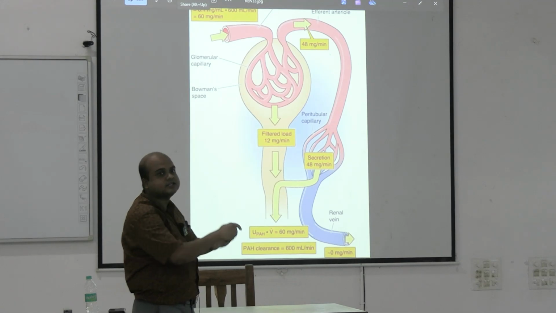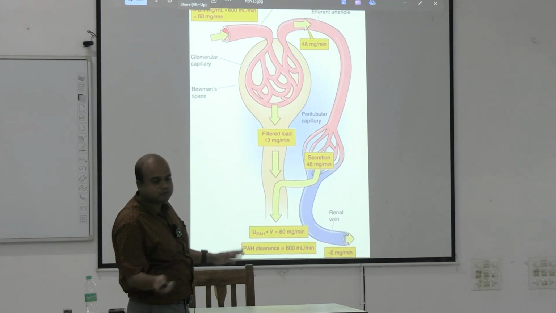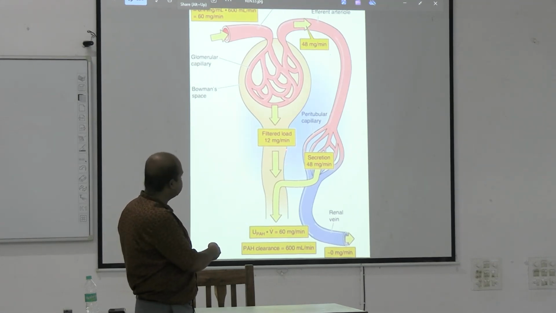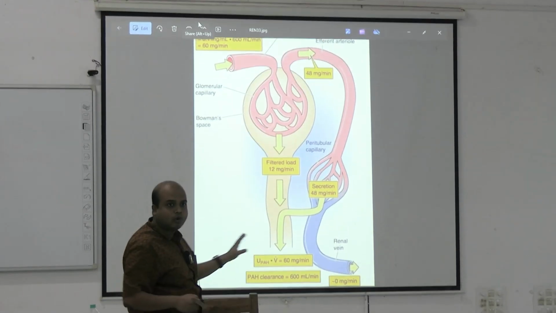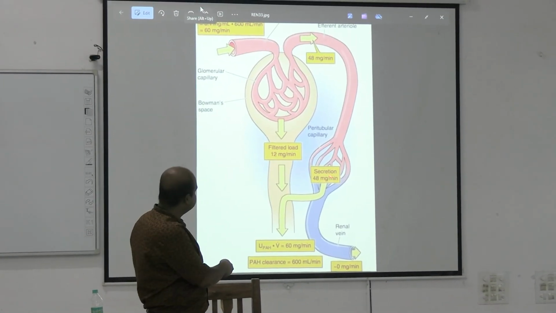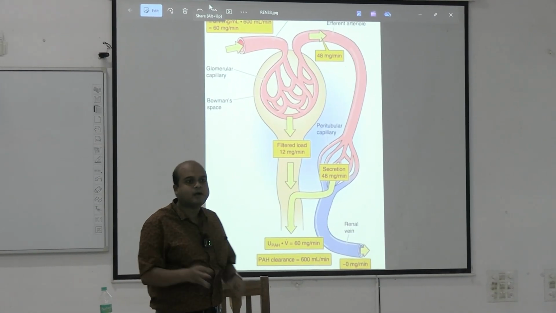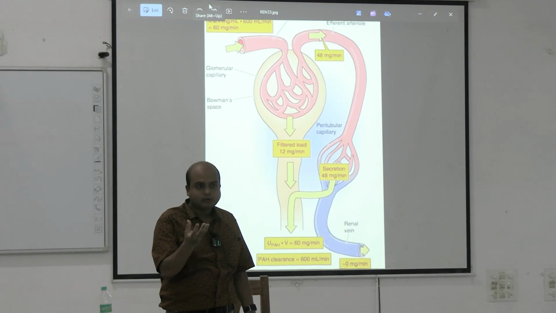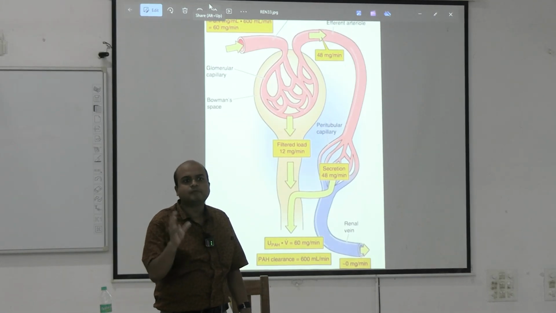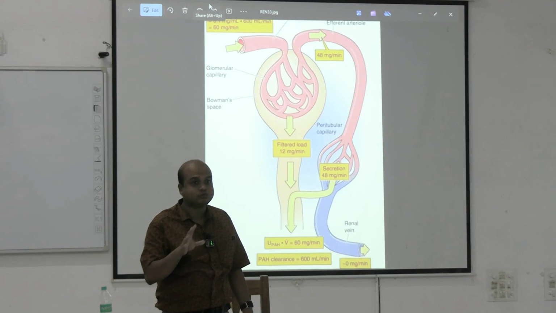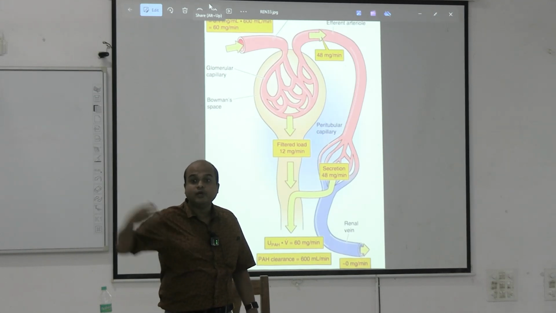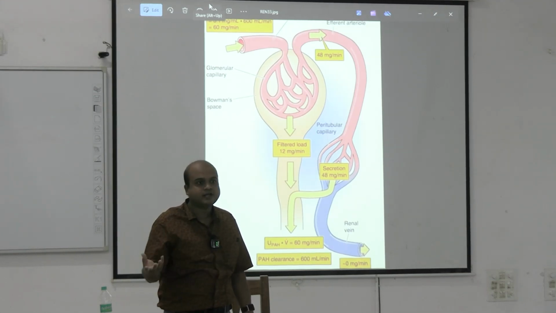There are reabsorption or secretion of different substances in different parts of the tubules. So simply take it, in one part of the renal tubule PAH will be secreted. This secretion has a maximum capacity, because secretion and reabsorption depend on transport proteins or diffusion capacity. Those have limits. So if we inject too much PAH, everything can't be secreted.